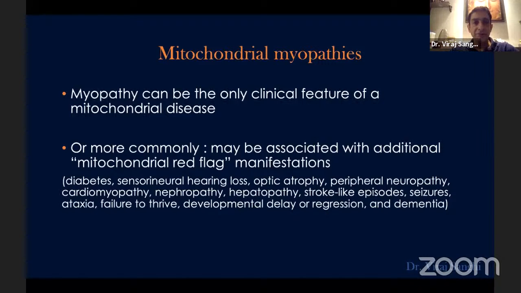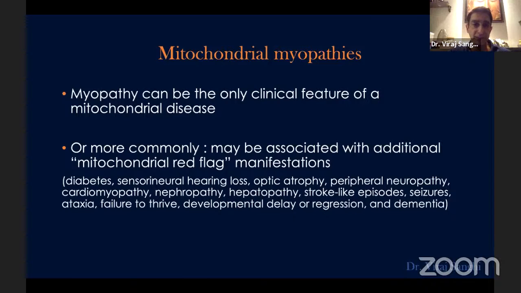So there's a lot of emphasis now on mitochondrial myopathies. These are disorders where myopathy may be the only clinical feature of the mitochondrial disease, but more commonly, the myopathy is associated with a few additional mitochondrial manifestations, or what we call the mitochondrial red flag manifestations.